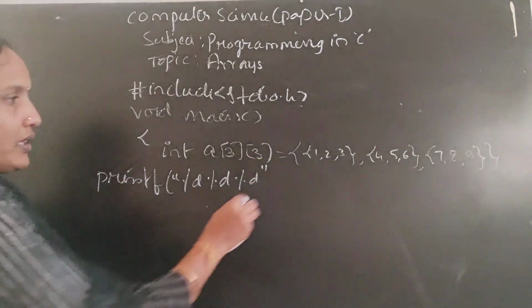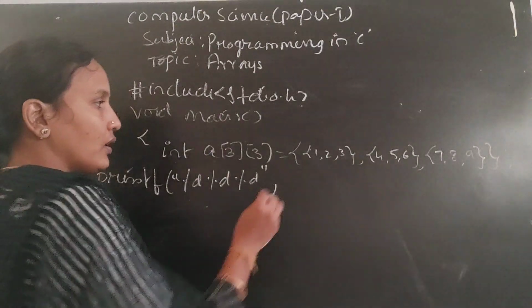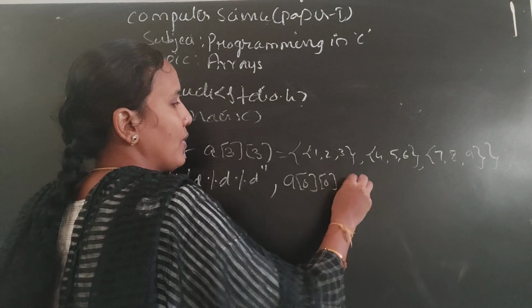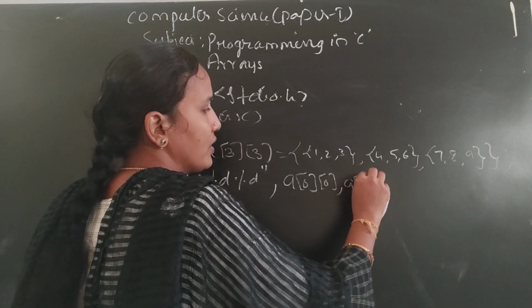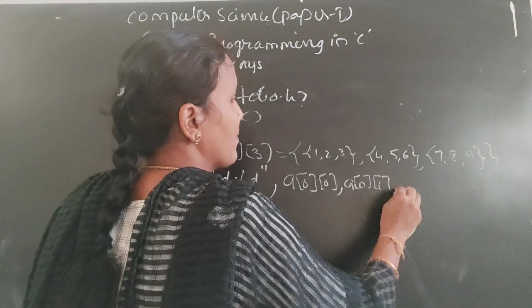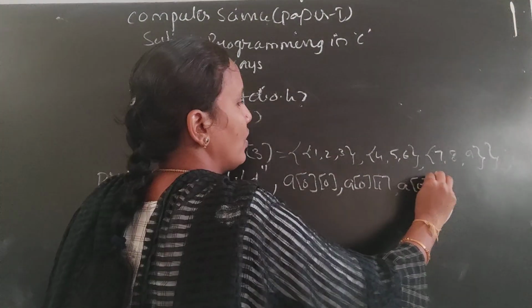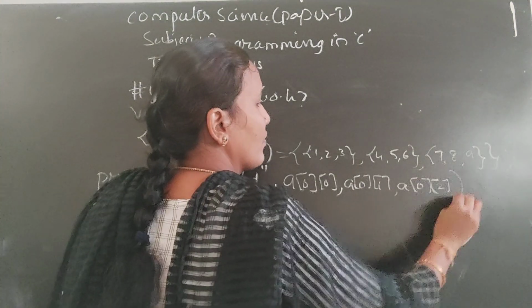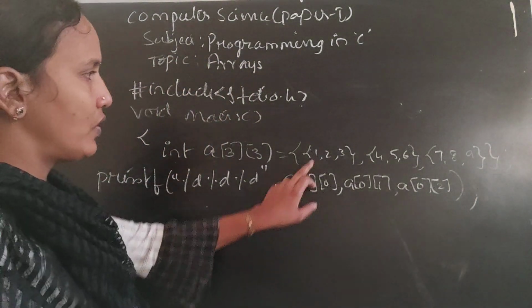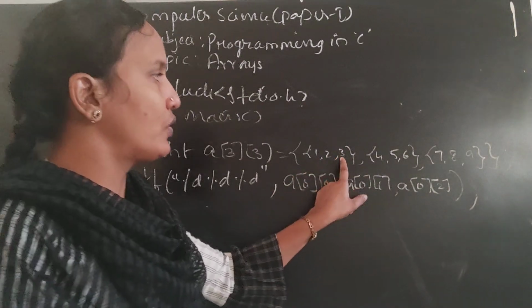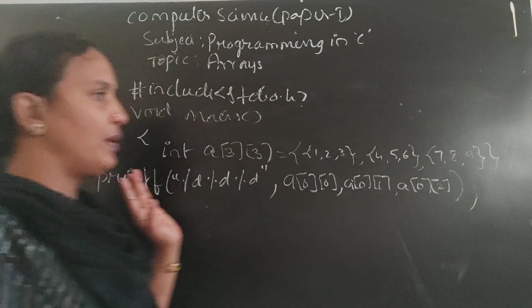Here I am printing 3 elements. A[0][0], A[0][1], A[0][2]. This row will be printed.